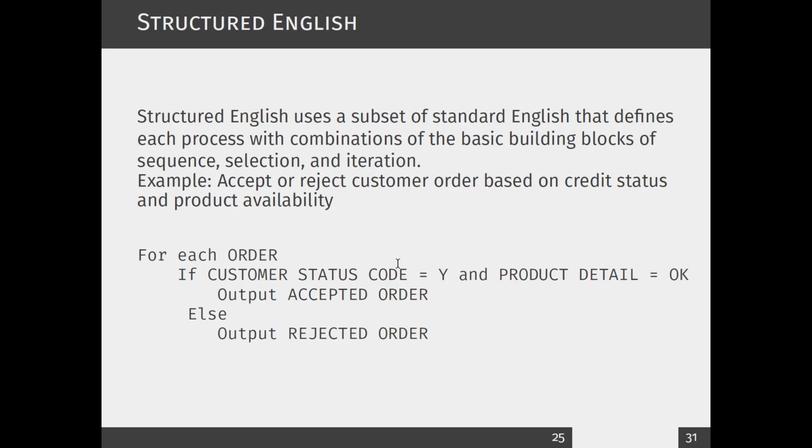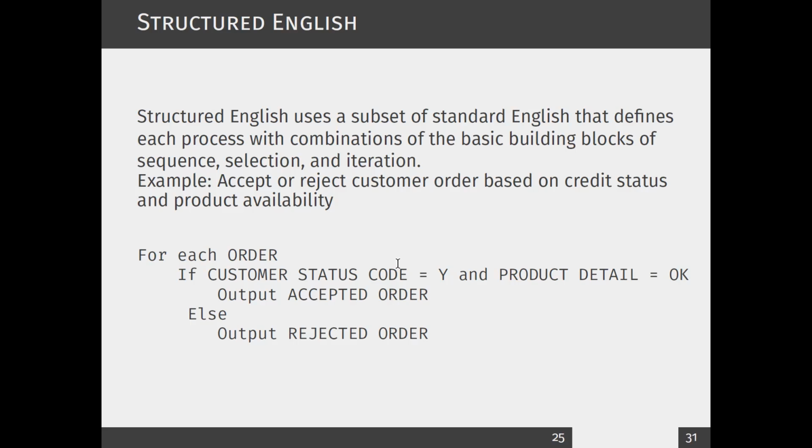Then within the order, we can have some selection. We have to check two conditions. The first one, we have to see whether the customer has a good credit status or bad. In this statement, we say customer status code yes, which means the customer status code is okay.